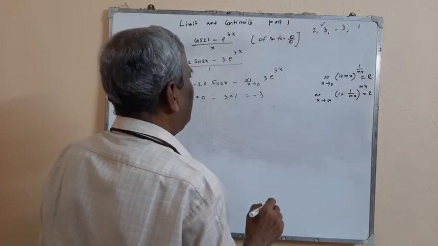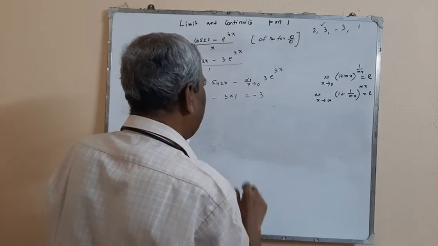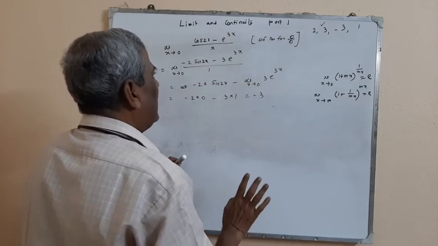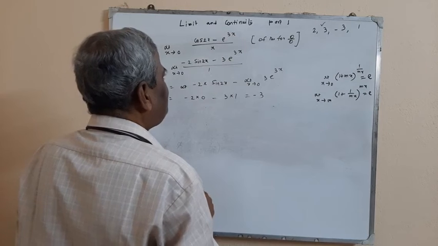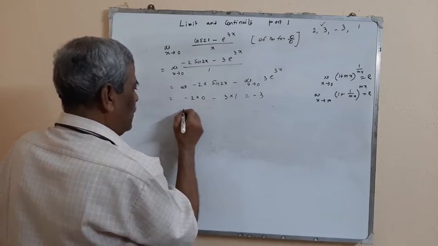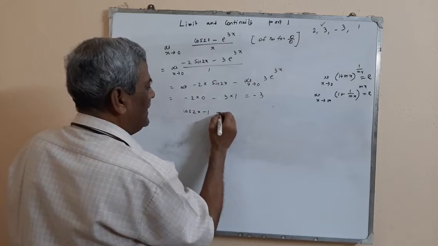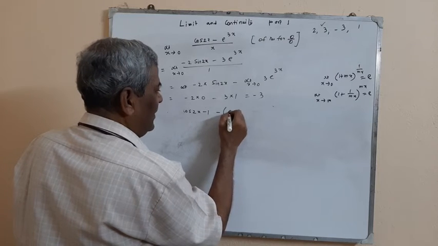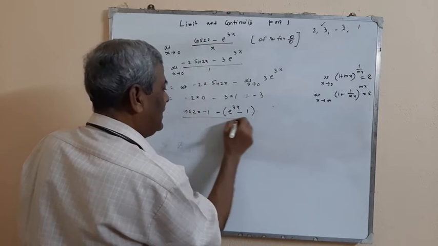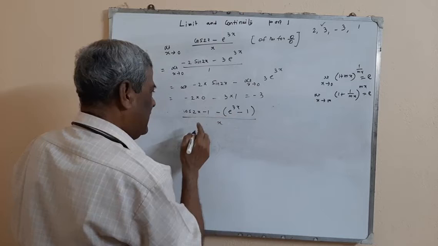Wait a minute. This is minus 3. That is okay. And in the first type, we get cos 2x minus 1 minus (e to the power 3x minus 1) by x. This is plus 1, this is okay.